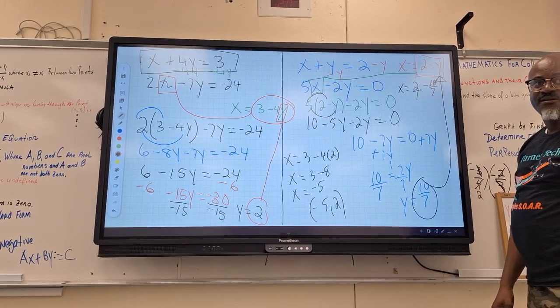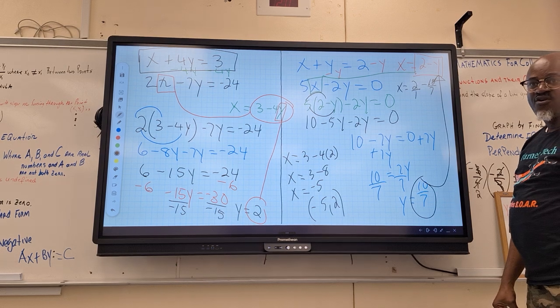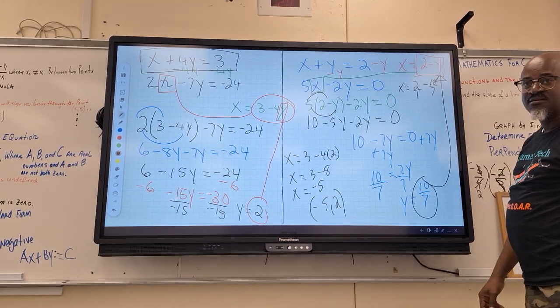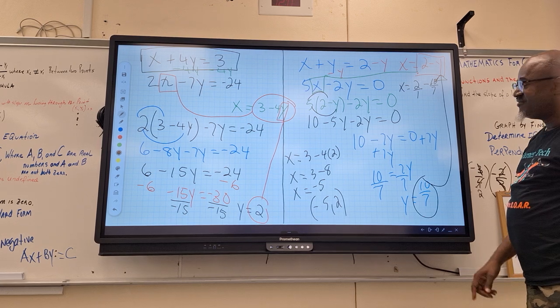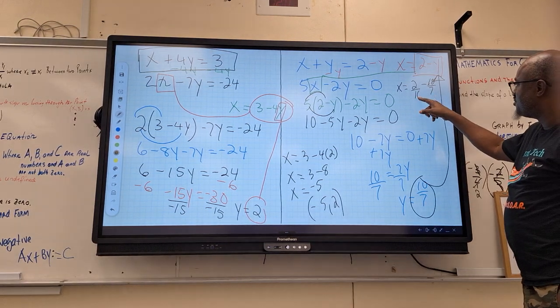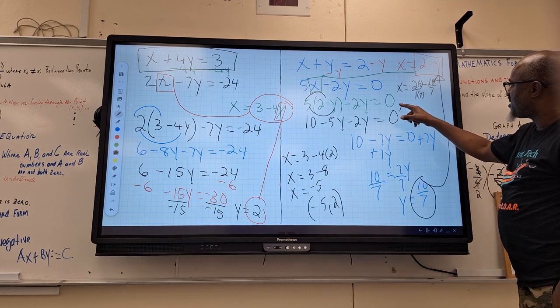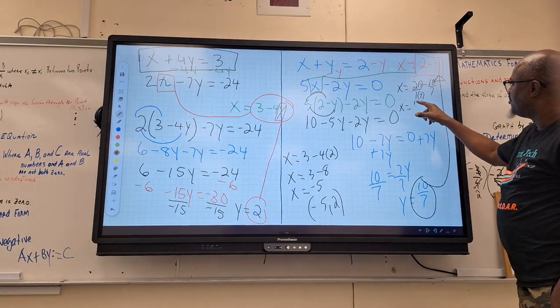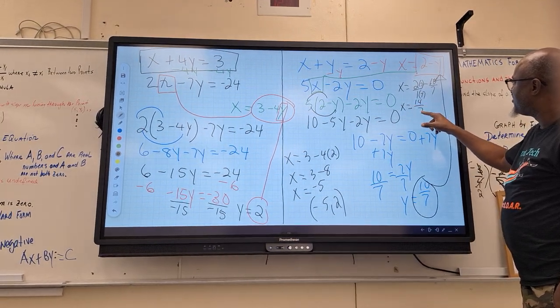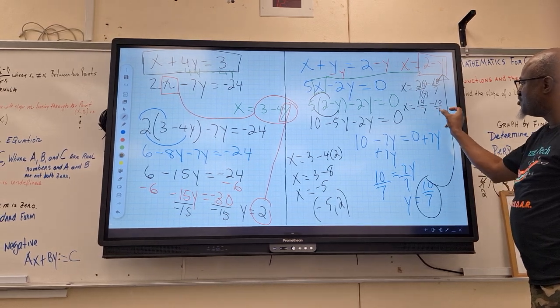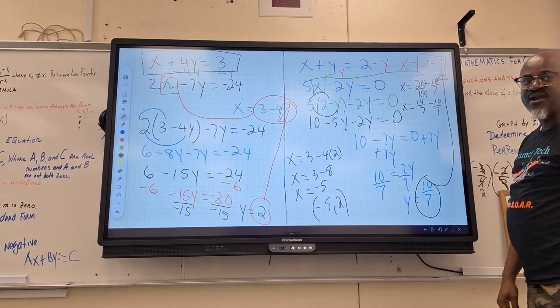Okay. So we need to have a common denominator. What will be your denominator in this case? 7. I want this to be a 7. What should I do? Multiply this by 7 and multiply this by 7. I will have x equals 14 over 7 minus 10 over 7. Now they have the same denominator, so you can combine them.